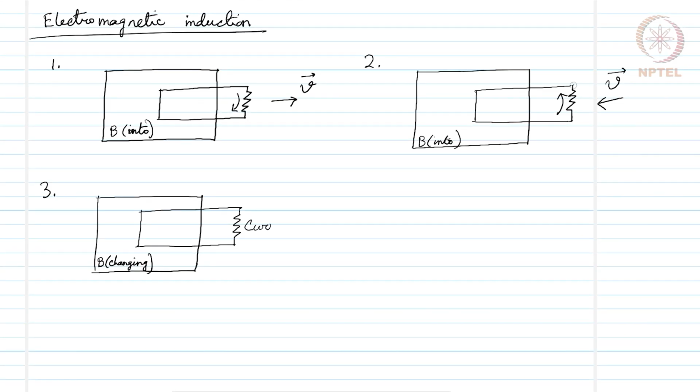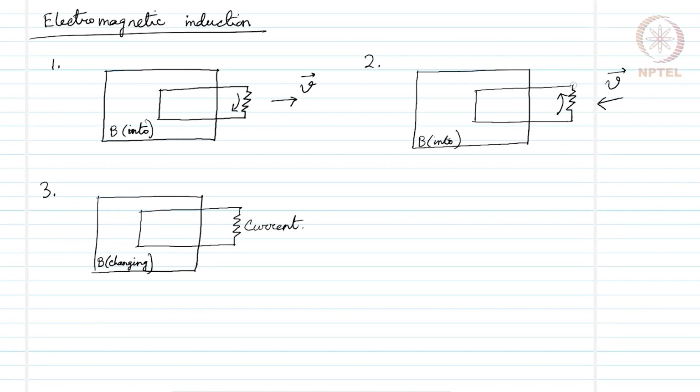The loop was not being pulled out or pulled into the magnetic field. Even then, because the magnetic field was changing, the area was fixed, still the magnetic flux was changing, and that gave rise to a current in this loop. That's pretty interesting.